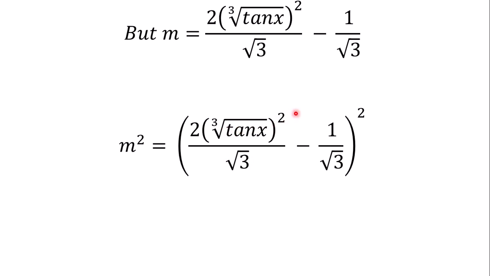When we put a bracket here and then we square, every item in here is being affected by the power 2. This one is affected. This one too is affected, but because this one is under this one, the whole of this one is affected.